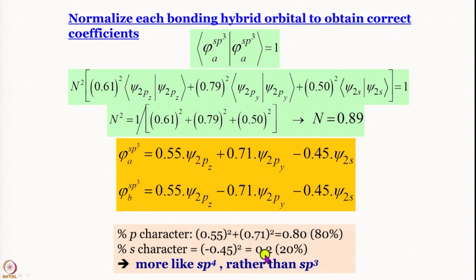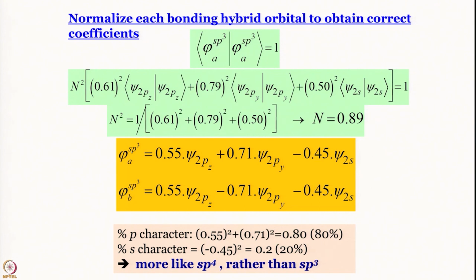The percentage P character and percentage S character are things that are reflected in what kind of hybridization it is. So, we have this interesting observation that the hybrid orbitals used for the bonding pair in water are actually sp4 hybridized.